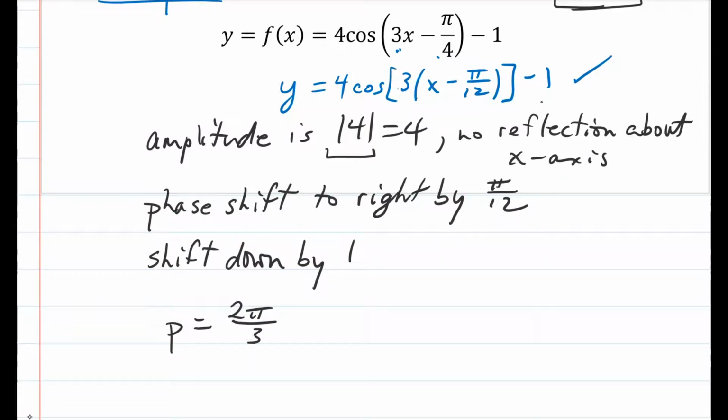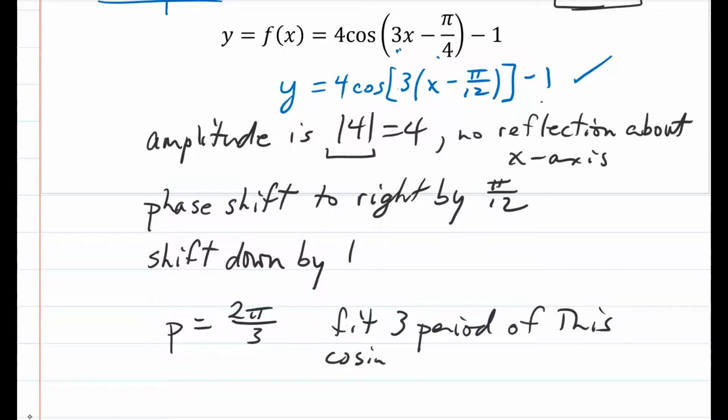The frequency here is 3. The new period is 2 pi over 3. That means we're going to fit 3 periods of this cosine in an angle spread of 2 pi radians.